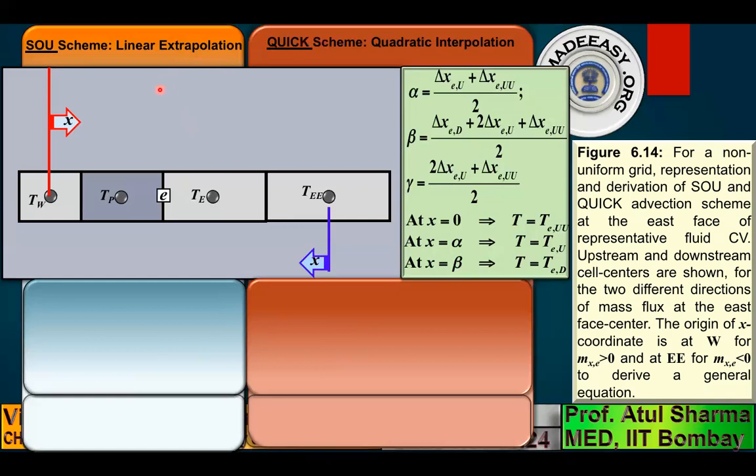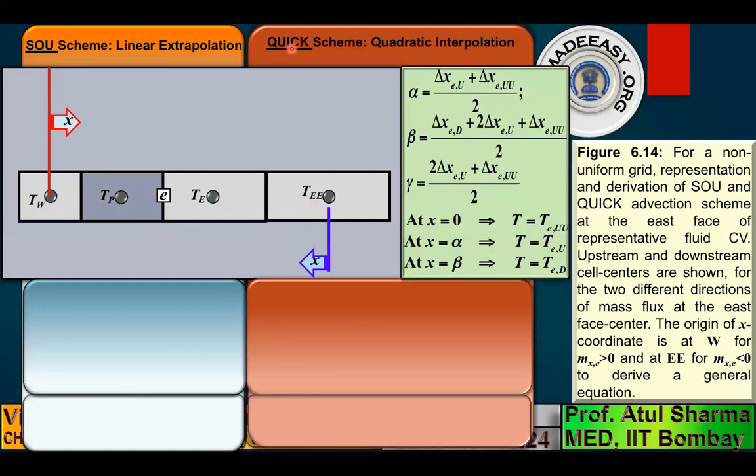When you have two constants, you need to involve two nodal values. In a second order upwind scheme, we involve upstream and upstream of upstream. If ME is positive, then we involve TP and TW. If ME is negative, then we involve this upstream value and this upstream of upstream value.